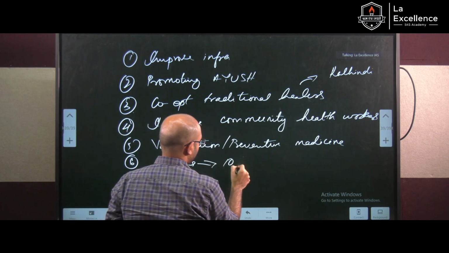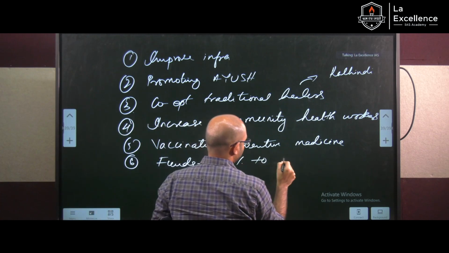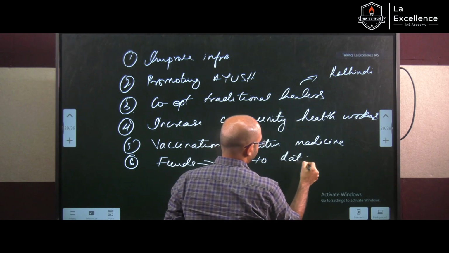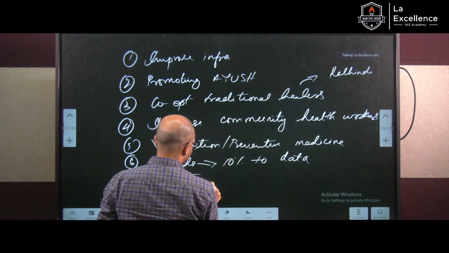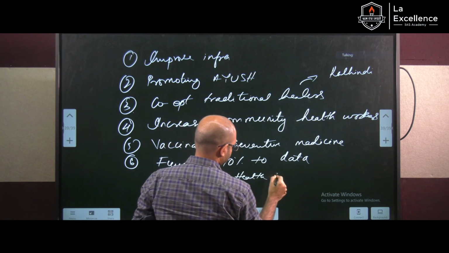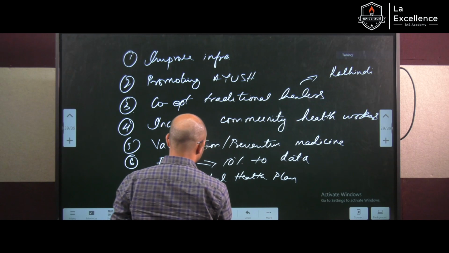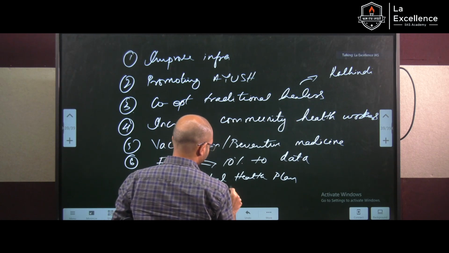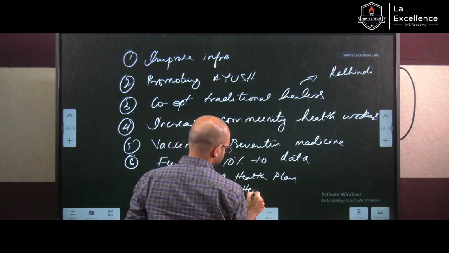especially allot 10% of funds to health, and create a tribal health plan at the overall state level, and also have a tribal health assembly at village, mandal and district levels.